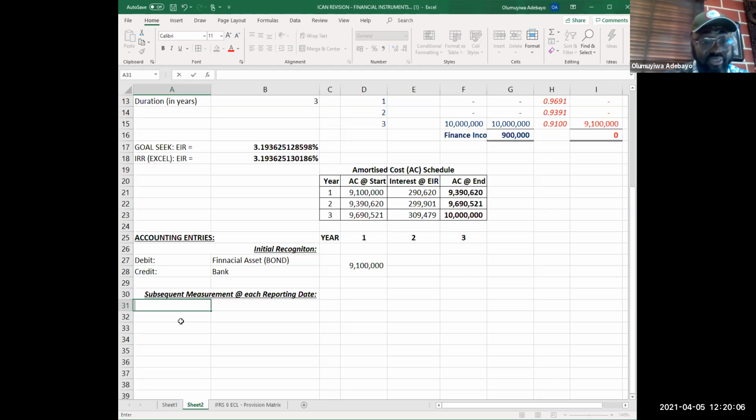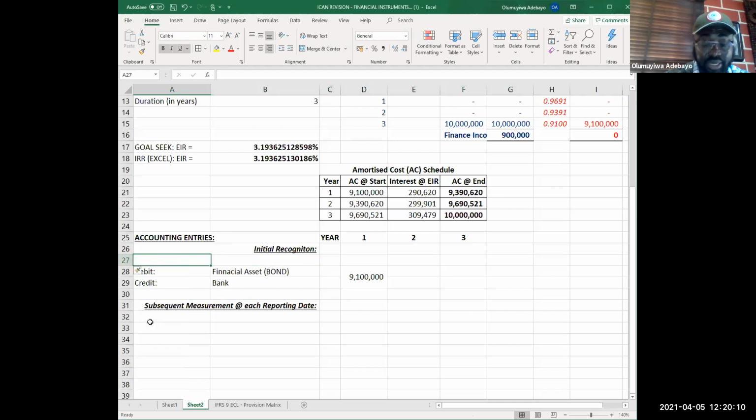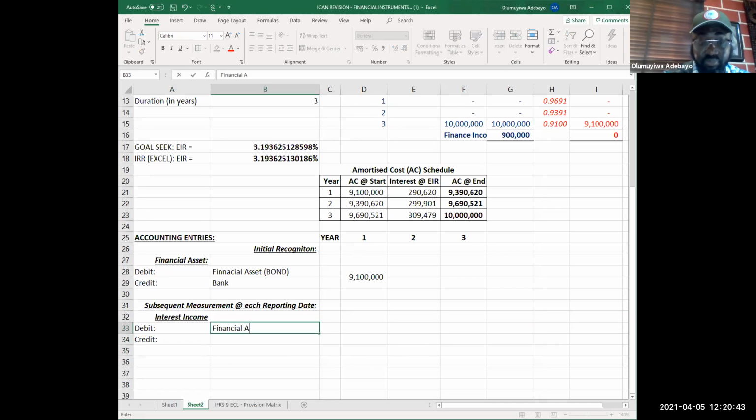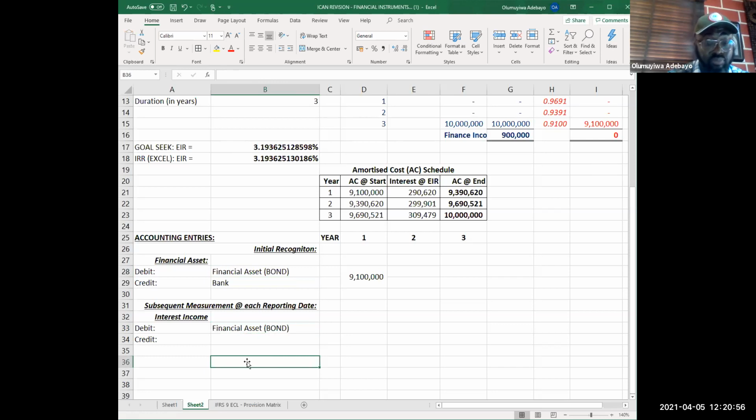I recognize interest income. I debit my financial asset and credit my profit or loss, finance income, profit or loss.